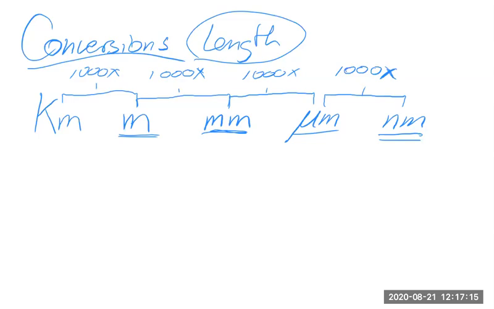It's this divisibility of 1,000-fold that makes conversions very easy, because 1,000 has 3 zeros, and 3 zeros is the same as 3 decimal places. And what that implies is that if you wanted to convert one unit into another, say millimeter to micrometer, all you'd have to do is move your decimal 3 places, and that's it.